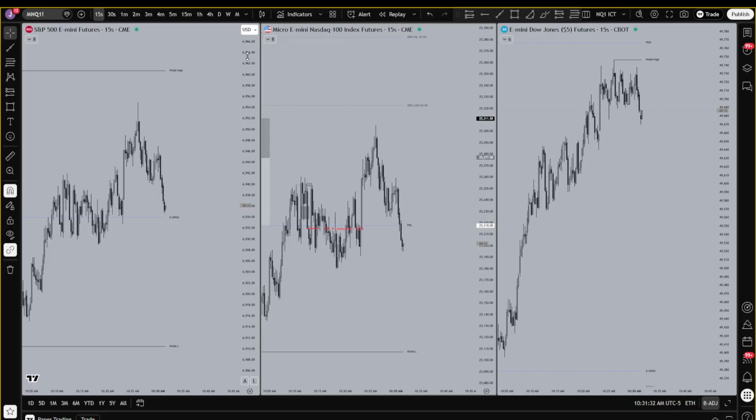Just closed below that order block, so that does not matter anymore, unless I'm counting this one back here. I don't know, man.